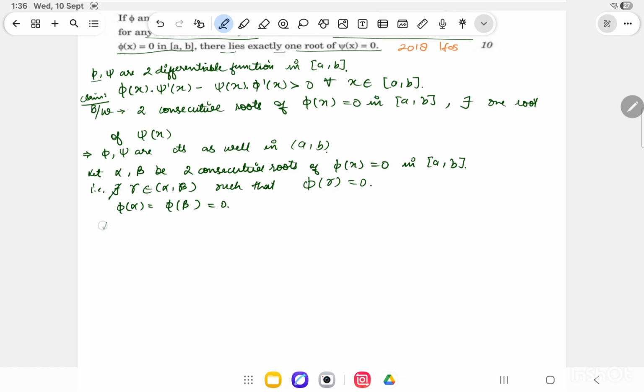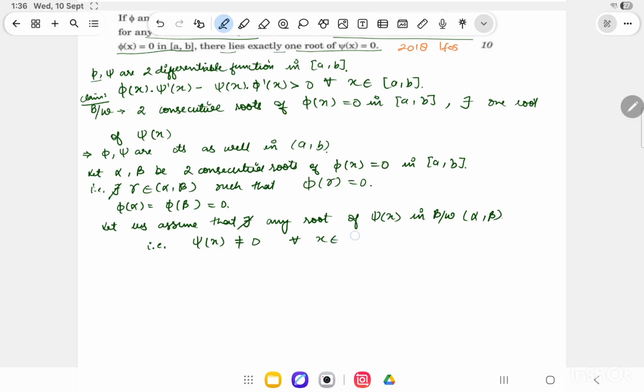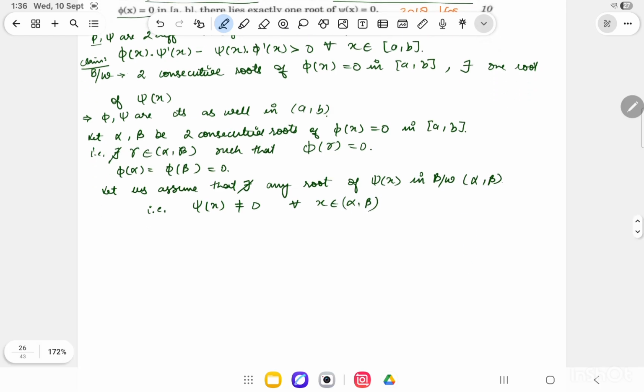So on the contrary, let us assume that there does not exist any root of psi x in between alpha and beta. That means psi x is not equal to 0 for all x in between alpha and beta, because there is no root of psi x in between alpha and beta.